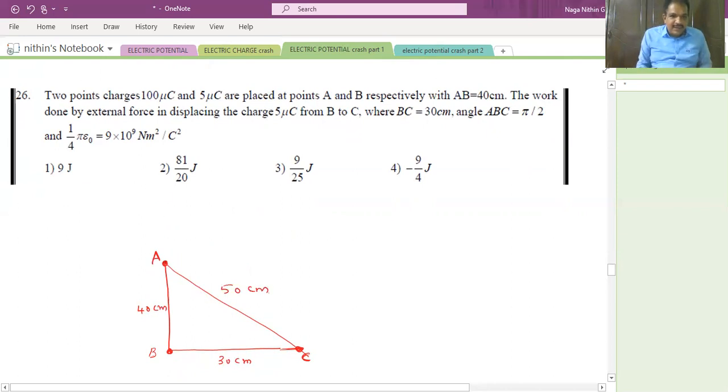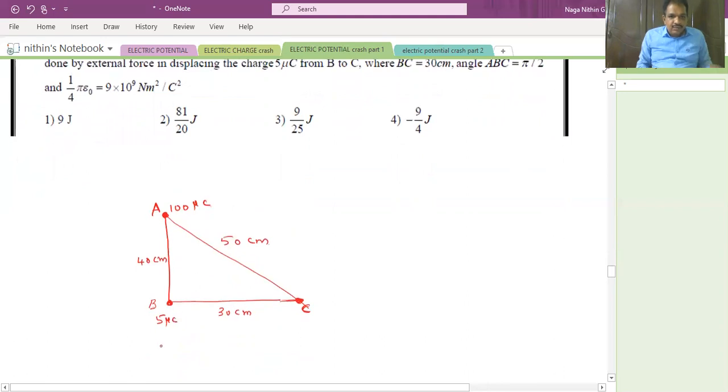Here at A a charge of 100 microcoulomb is placed. At B a charge of 5 microcoulomb is placed. We are moving this 5 microcoulomb from B to C. What is the work done? Work done is equal to change in the potential into charge.